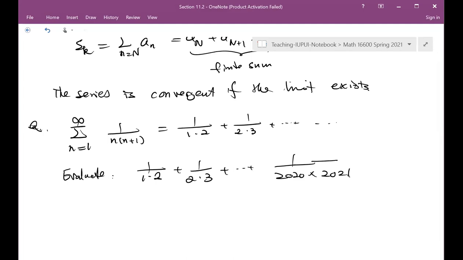You really need a good idea to do that. Otherwise, it takes a whole day, you cannot finish, maybe 2020 years. But if you know how to solve this problem, you have no trouble finding the limit of this series.